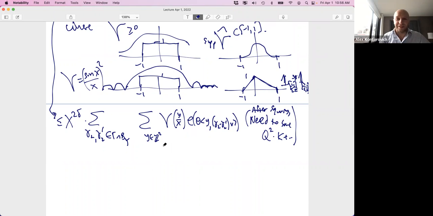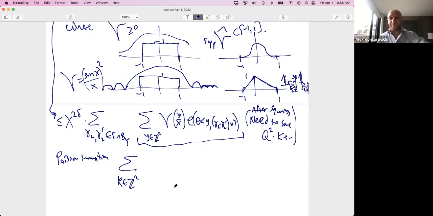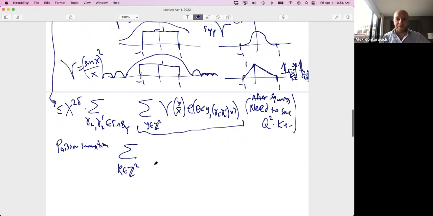Okay, so Poisson summation. We have a sum over the dual k in Z^2. This is just in each variable. And then an integral over y in R^2. What's the Fourier transform of this?